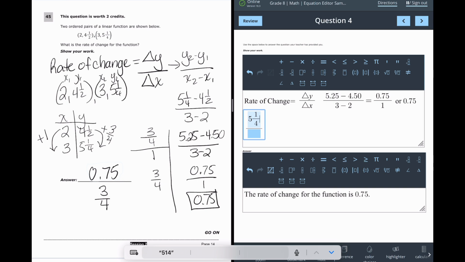So I can do this. If you wanted to express your answer this way, you can, but you'd have to type it on top as your numerator.